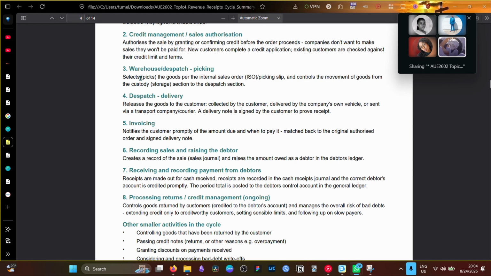That's where you pick the goods per the internal sales order, the ISO, internal sales order, picking slip, and controls the movement of goods from the custody section to the dispatchment section. So imagine we're in the warehouse, right? Now we're in the warehouse.